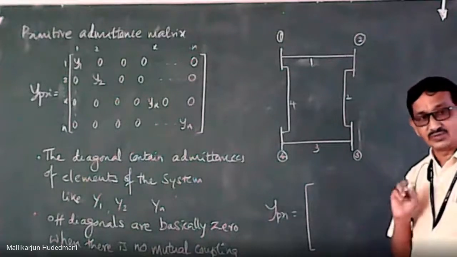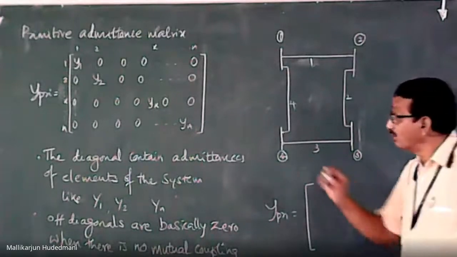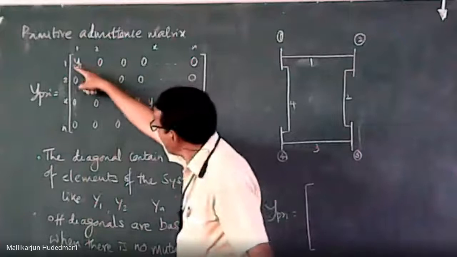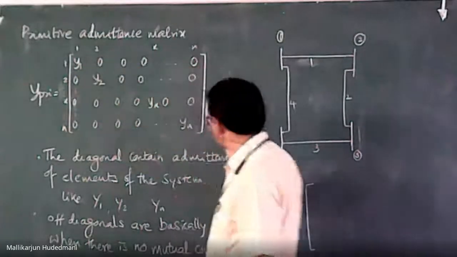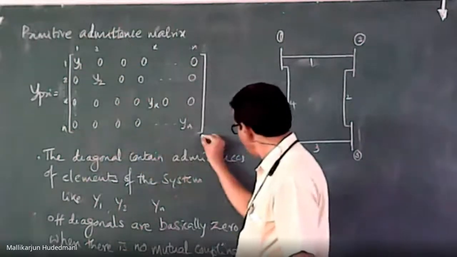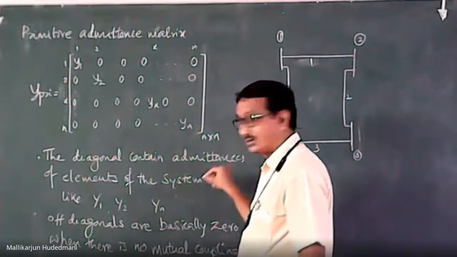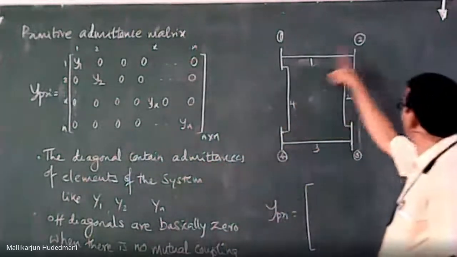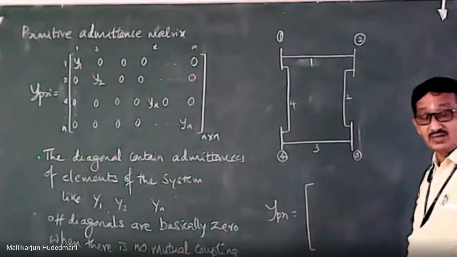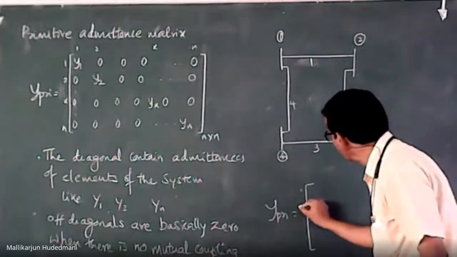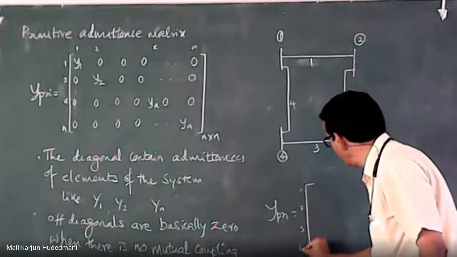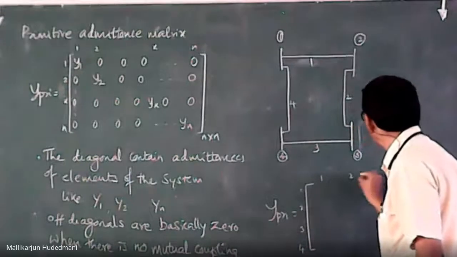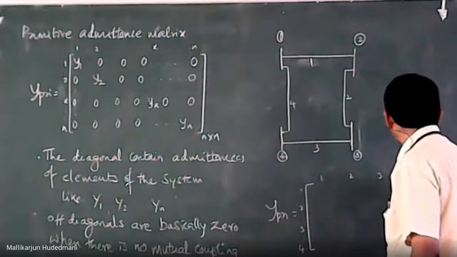The dimension of this matrix is the number of elements. Suppose for an n-bus system, I may write here n cross n. Now in this problem, I have 4 here. Then the dimension shall be 4 cross 4. 1, 2, 3, 4, and again I write 1, 2, 3, 4.